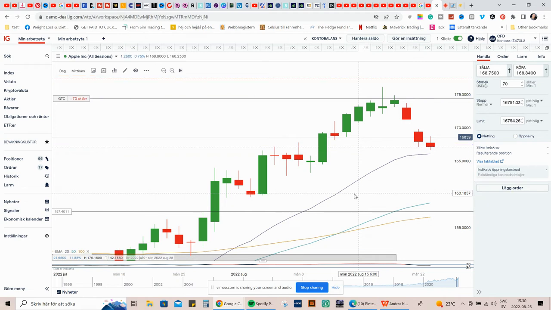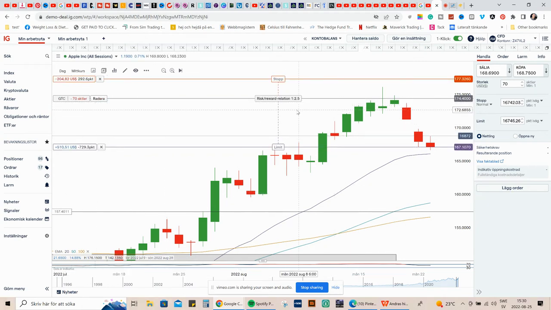You can see here that I had a risk reward ratio of 2.5. So I was looking for a profit that was 2.5 times higher than my risk. And it works very well here because I took my profit here.